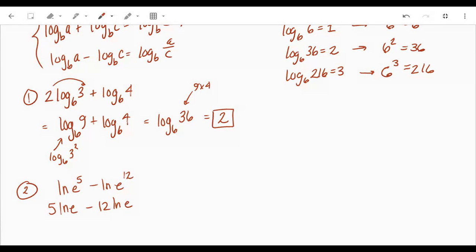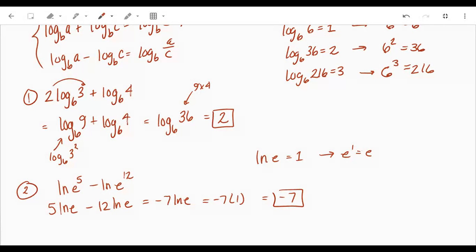This is just like doing 5x minus 12x. 5 natural log of e minus 12 natural log of e, that's negative 7 natural log of e. And we also know the natural log of e is 1 because e to the first power is e. So this is the same as negative 7 times 1. So negative 7 is your final answer there.